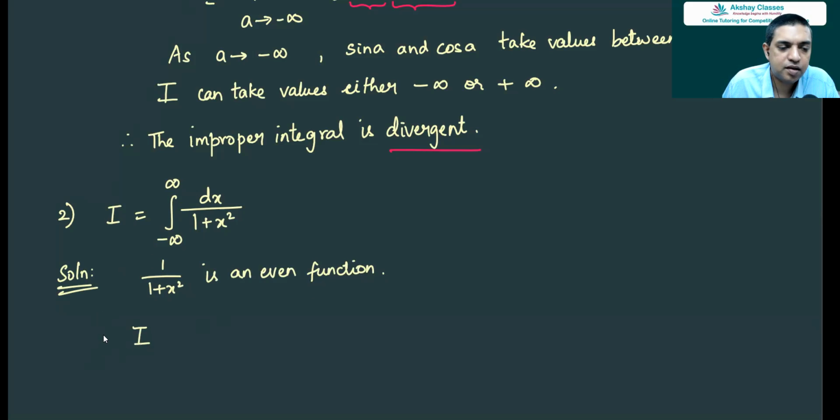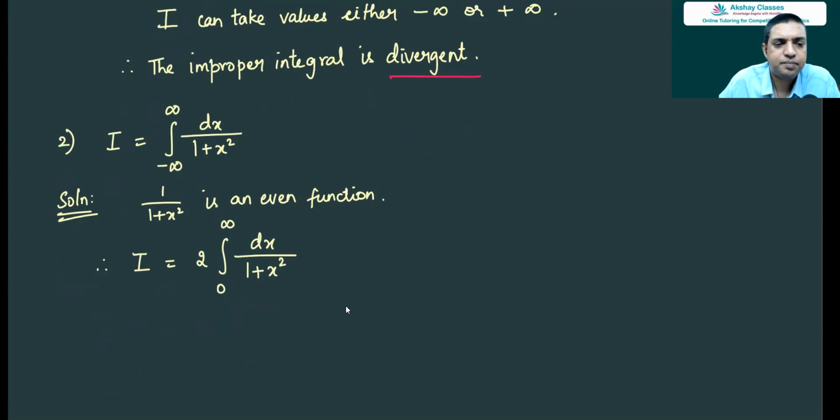So therefore, I from minus a to a, we can write this as twice of the integral from 0 to infinity of dx upon 1 plus x square, because it's an even function.